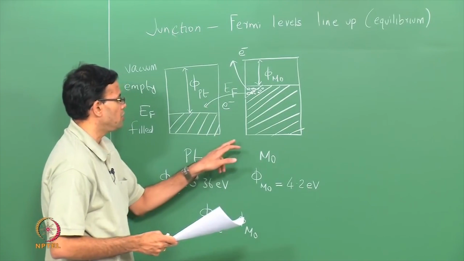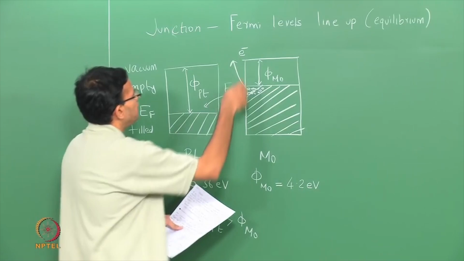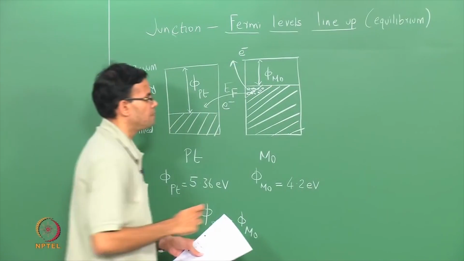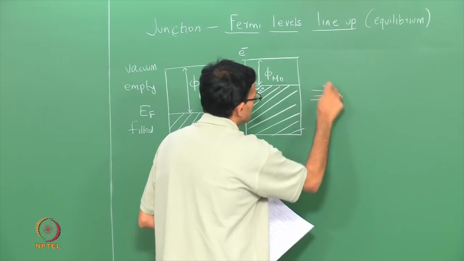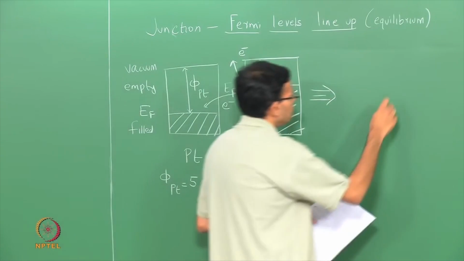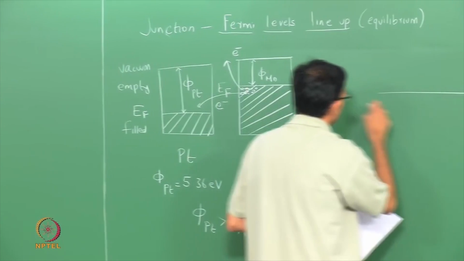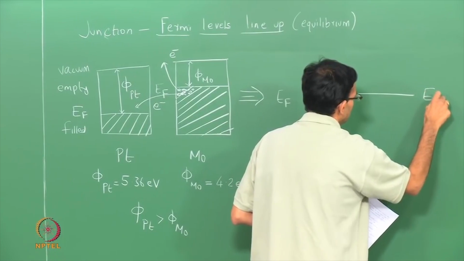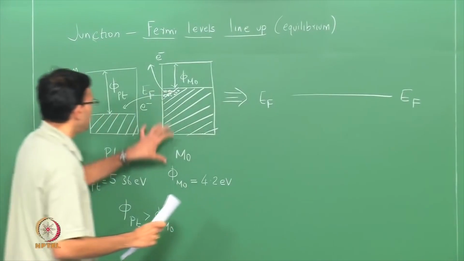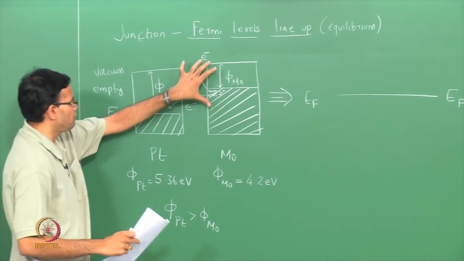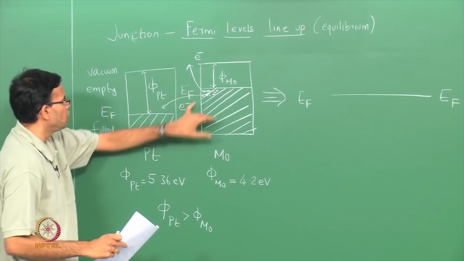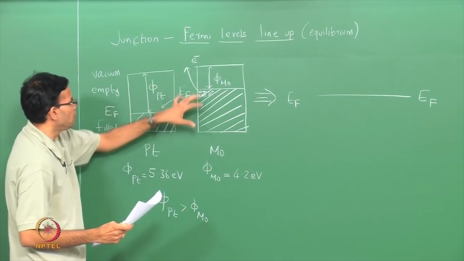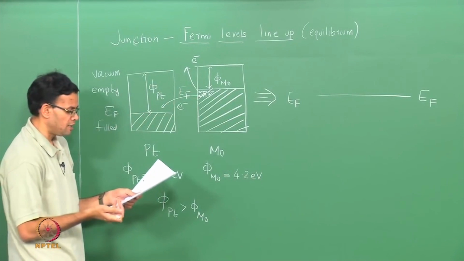So, let me form the junction, and I said that whenever you form a junction, the Fermi levels must line up. So, I will put the Fermi levels at the same energy level. So, EF, EF. In this picture, you can think of the molybdenum levels going down so that the EFs line up, or you can think of the platinum going up so that the EFs line up. Either case is okay.